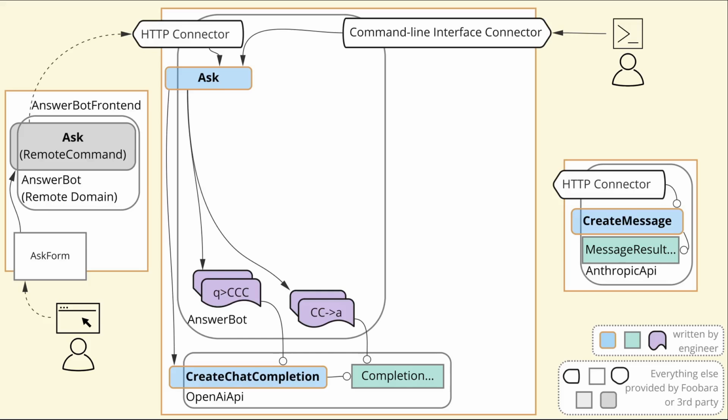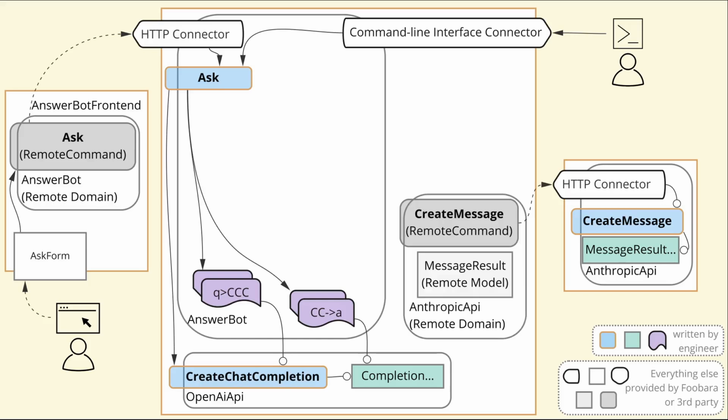Now preemptively, I had implemented an Anthropic API domain. I had pushed it up and exposed it with an HTTP connector. So in order to fulfill our requirement of supporting either OpenAI or Anthropic's CRUD, we went ahead and imported CreateMessage from the Anthropic API along with the models from Anthropic API.